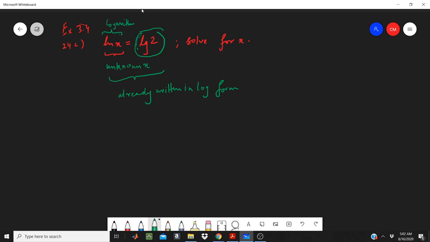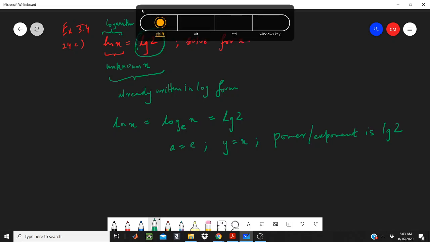You can expand the ln x to write it as log e of x equals lg of 2, and your base a equals e, and y is just x in this case, and the exponent is lg of 2. Okay, this is a little tricky to read because both of them have logarithms attached to them.